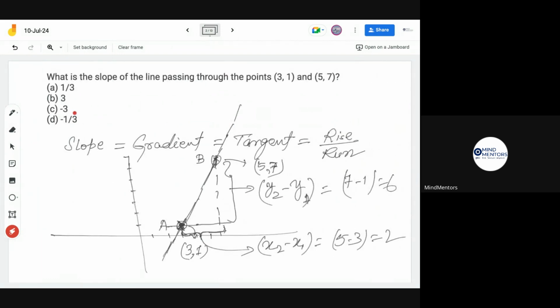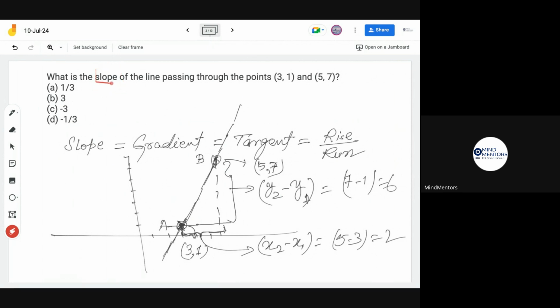And we did these kind of problems where you are asked what is the slope of a line passing through two given points, and you are required to derive the slope. And as we saw in the previous slide, the wording slope or tangent or tan theta or m, they remain same.